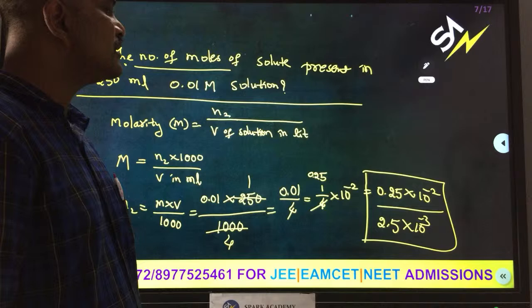Delta TB is directly proportional to molality, and delta TF, the depression of freezing point, is also directly proportional to the molality of the solution.